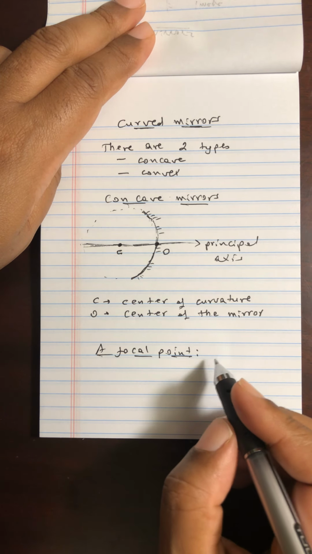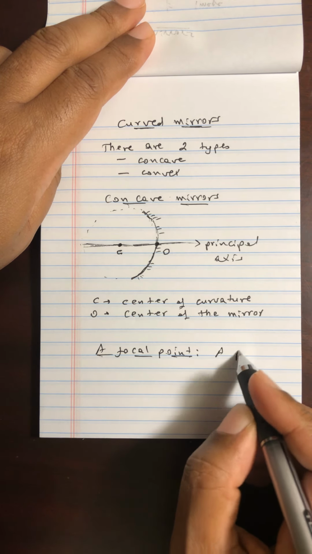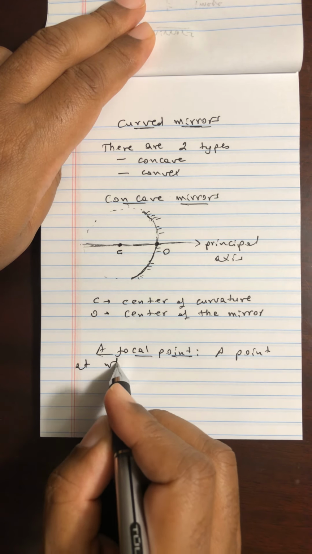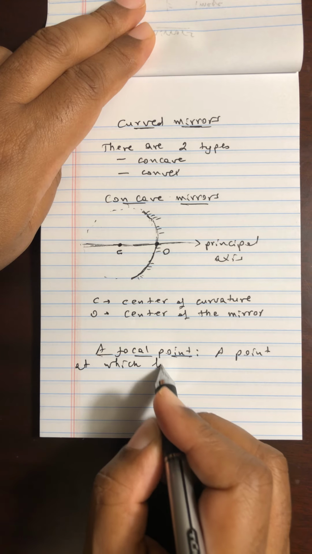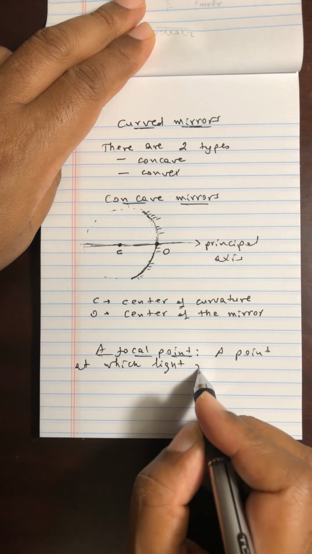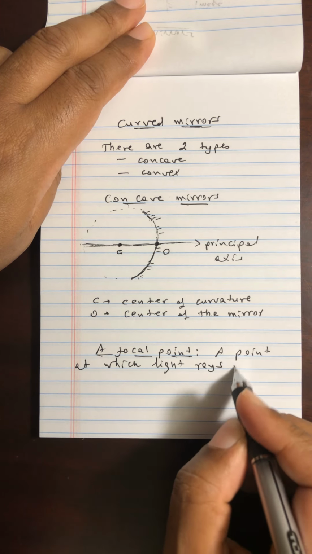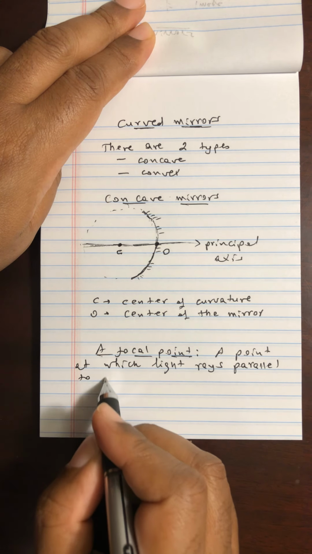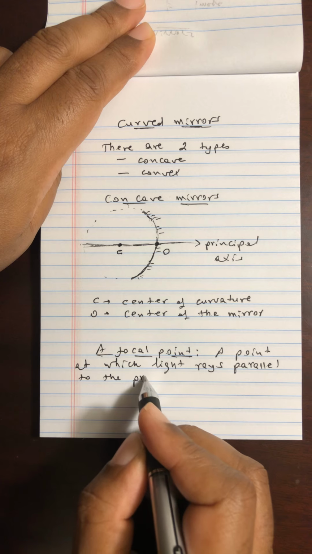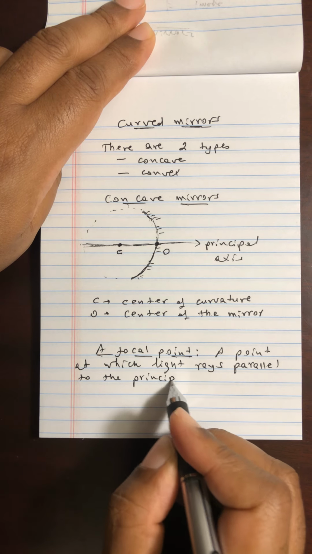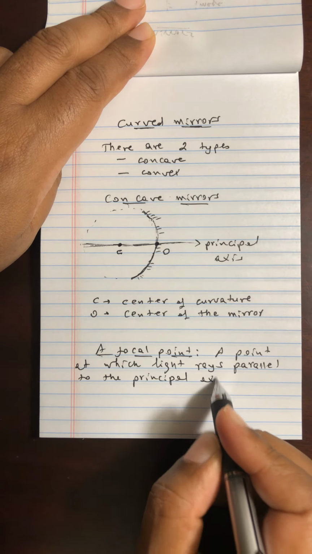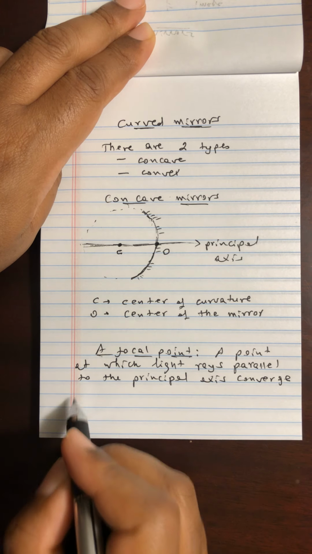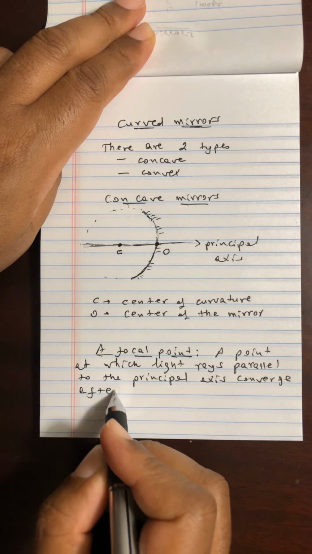This is a point at which light rays parallel to the principal axis converge after reflection.